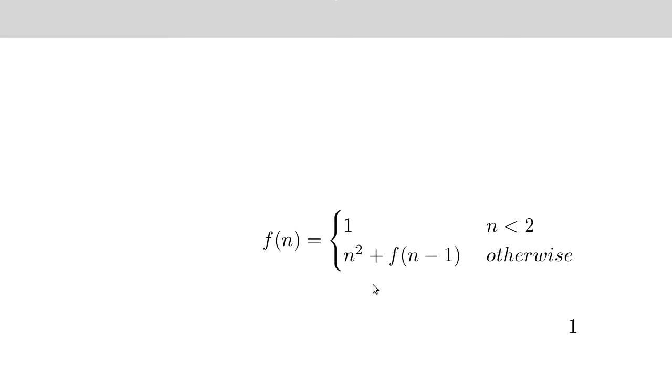So if I called this with 5, it would be 5 squared, or 25, plus this value with 4, which would be 16, plus this value with 3, which would be 9, plus the same value with 2, which would be 4, plus, and then when we go to the 1, we get to this, and so we have 1 plus 4 plus 9 plus 16 plus 25. And when we add them all together, that gives us the value that we wanted.